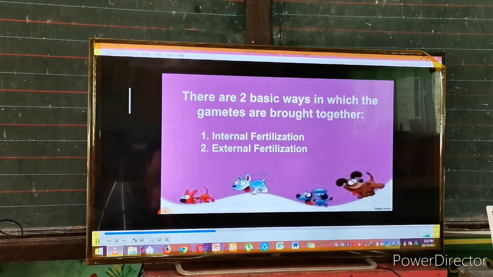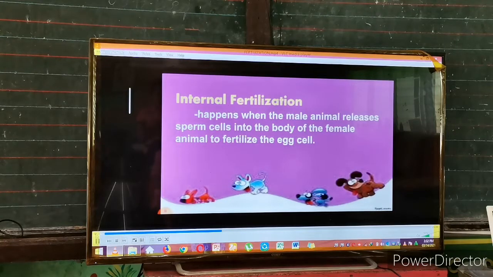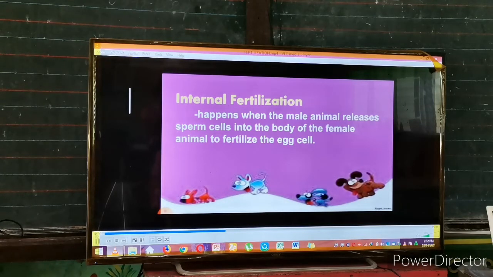There are two basic ways in which the gametes are brought together. Sa animals, dalawa ang paraan para magkaroon ng fertilization. Una, yung internal fertilization, and then the second one is the external fertilization. Pag sinabi natin internal fertilization, it happens when the male animal releases sperm cells into the body of the female animal to fertilize the egg cell.